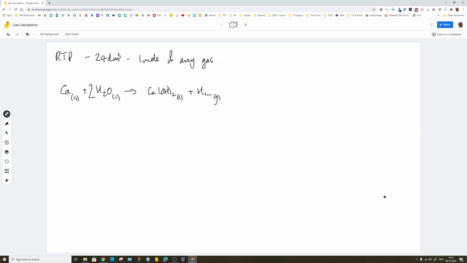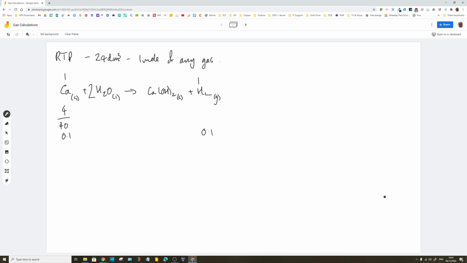So calcium has a molar mass of 40, so if we had say 4 grams of calcium, which is a fairly big chunk of calcium to be fair, divided by 40, that would give us 0.1 of a mole of calcium, which would give us 0.1 of a mole of hydrogen, because it's a 1-to-1 reaction.